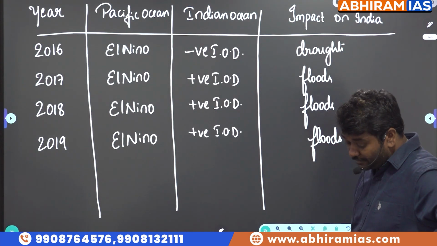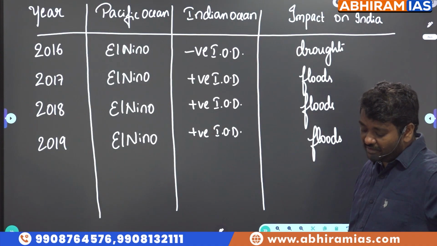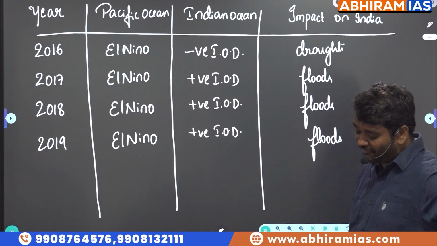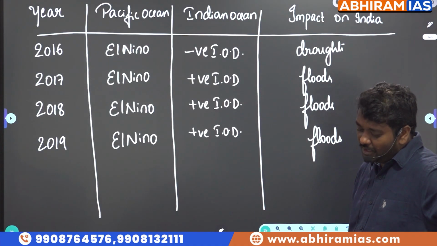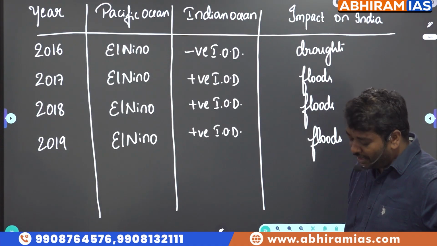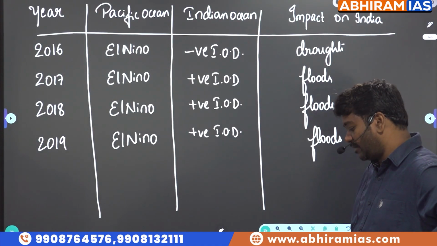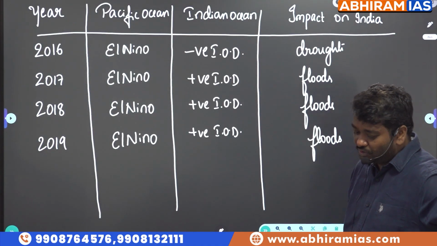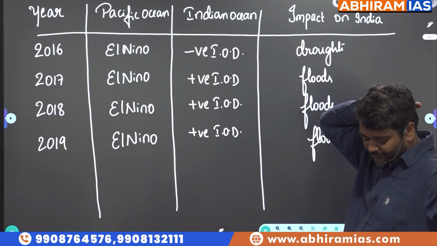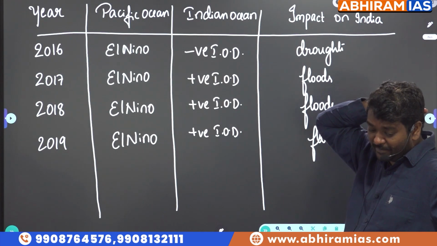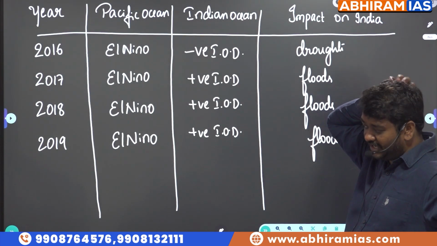When there is warm water near Australia, when there is warm water near Africa, it is positive IOD. And it leads to floods in Arabian Sea branch areas.